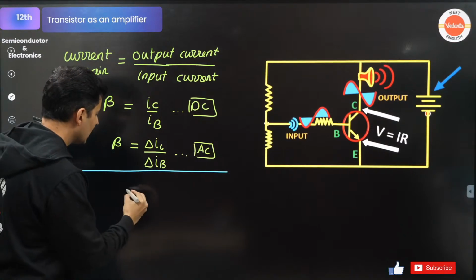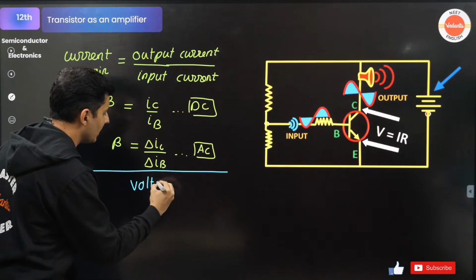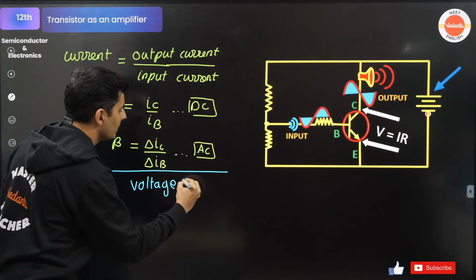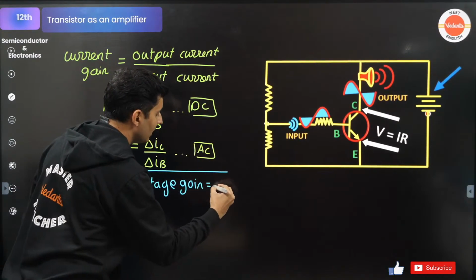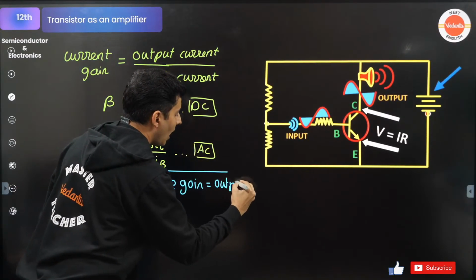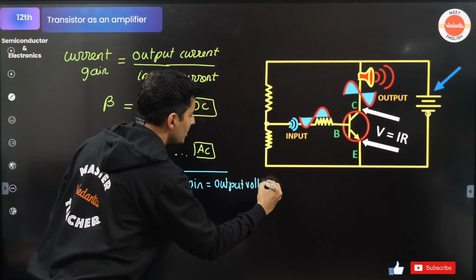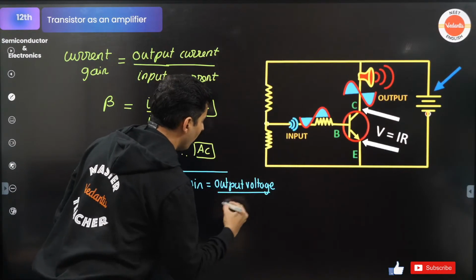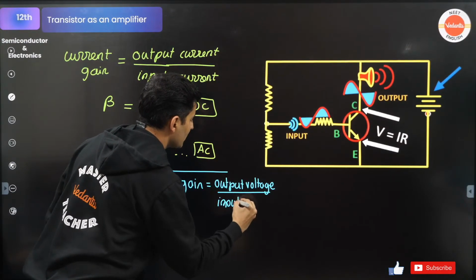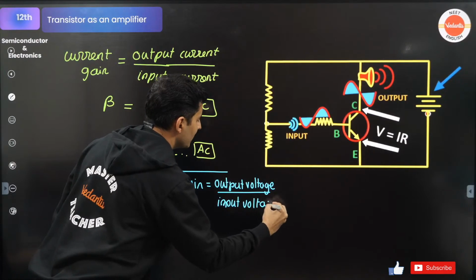Okay, the last thing is called the voltage gain. Voltage gain is output voltage upon input voltage.